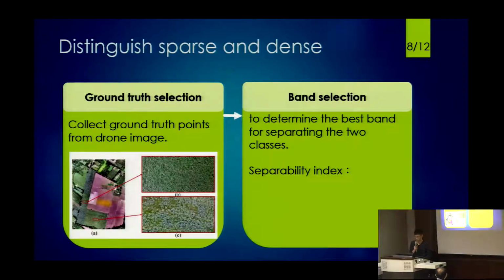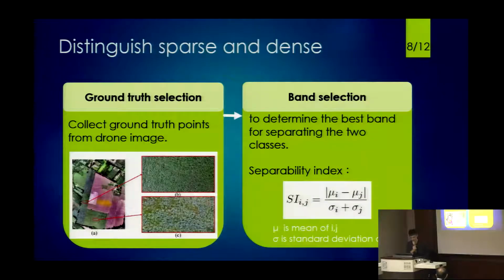Next, they choose the best band to classify these two classes, because these two classes cannot simply be classified by only those 7 bands. So they create a separability index.